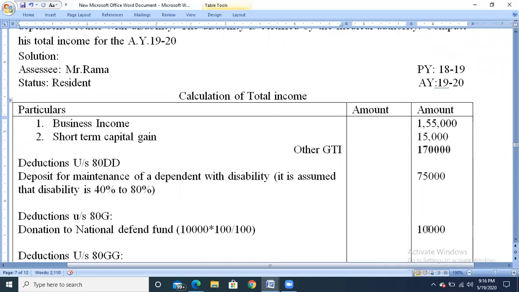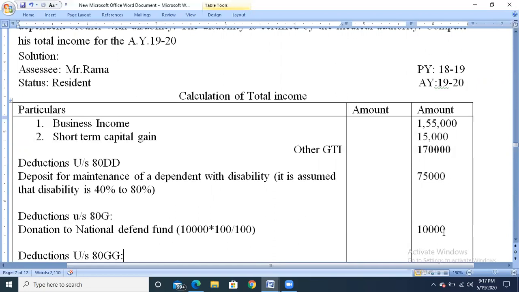Any donation to National Defense Fund, national or state organizations, or any disaster funds, up to 100% they can claim the deduction without any ceiling limit. So 10,000 they have contributed, 100% can be claimed. So 10,000 will be the deduction amount.